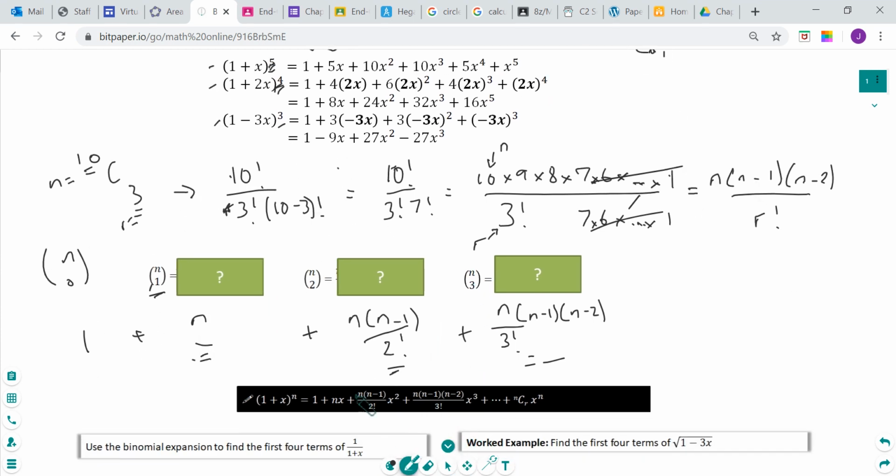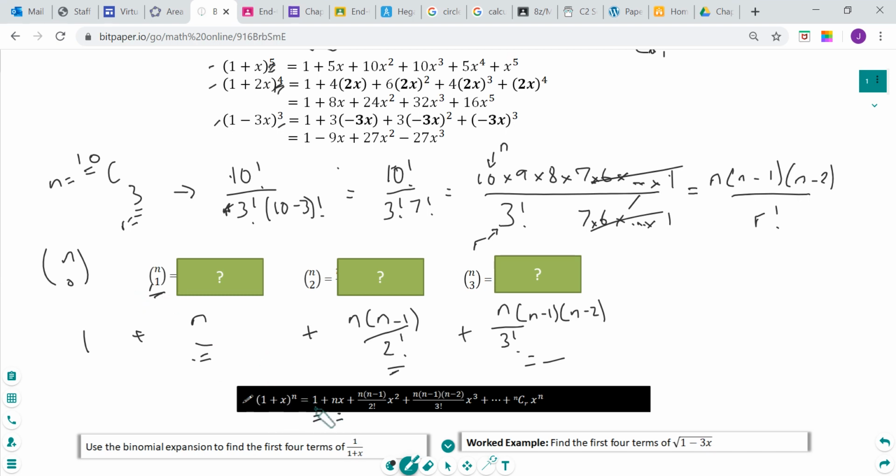So I haven't gone through the full process really of showing where this comes from, but I'm just sort of showing you some of the intuition. So the first part of an expansion, generally we can say, is going to be 1. Then the next part, okay, so think about if we expanded this bracket here, 1 plus x.